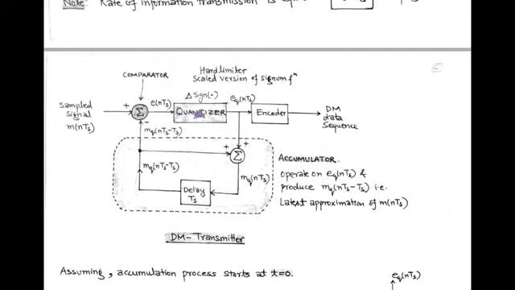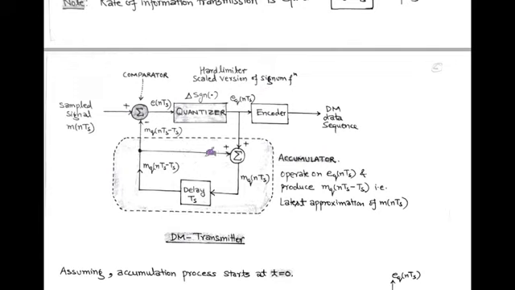This error signal is passed through the quantizer having a scaled version of the signum function, called a hard limiter. The output of the quantizer is the quantized version of the error signal, called eq. This quantized error signal has 2 levels, minus delta for negative input and plus delta for positive input.